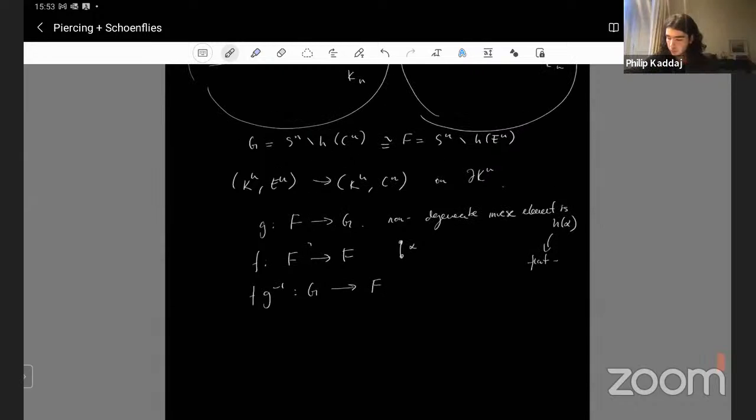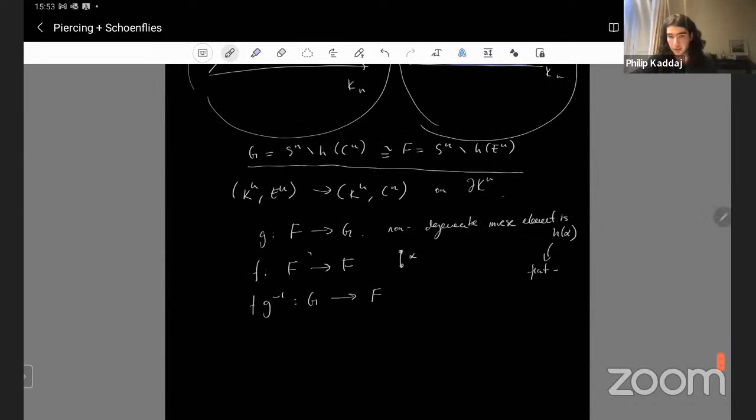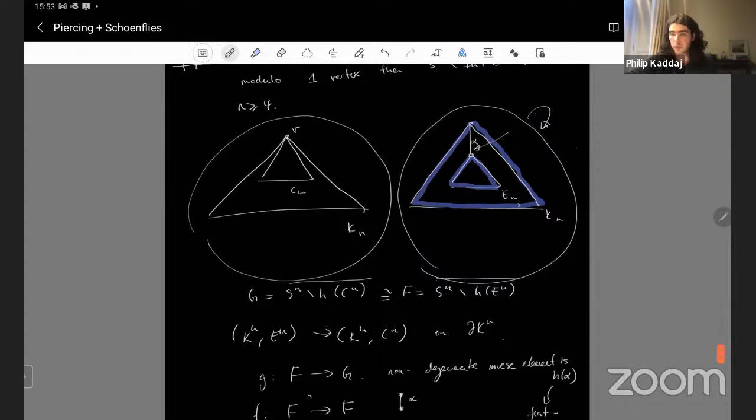We wanted to prove that G is homeomorphic to F, because we know that F is an n-cell. Sorry, the closures. But yes, F is an n-cell by the Schoenflies theorem, because this is a collar. The blue thing that I showed is a collar.